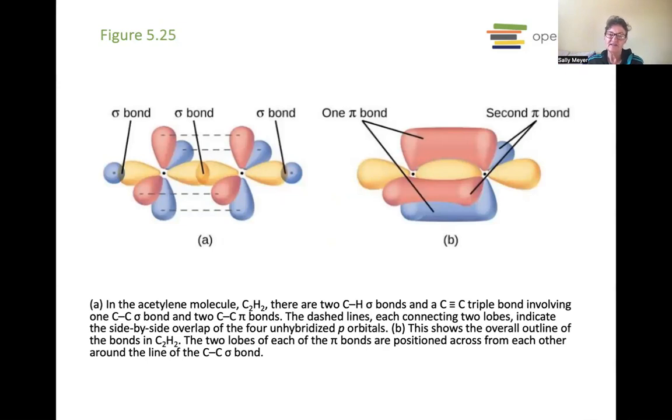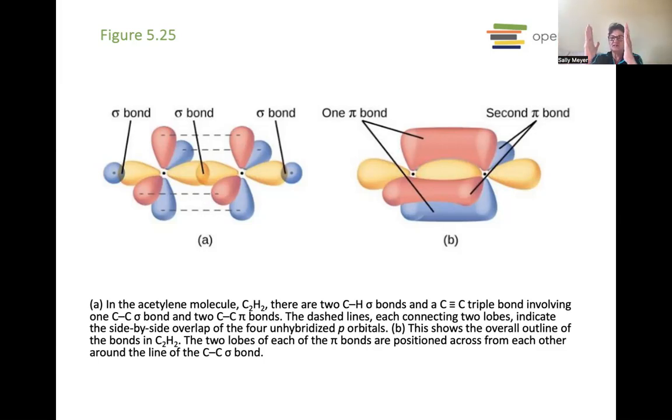So on the left-hand side, they're trying to show you the yellow is the sp hybrid orbitals. One of those is overlapping with a hydrogen's s orbital to make a sigma bond to hydrogen. The other one is overlapping with an sp hybrid orbital on the other carbon to make a single bond, a sigma bond. But then each of the carbon atoms, so this is acetylene, C2H2, each of those carbon atoms has 2 p orbitals, each with 1 electron.